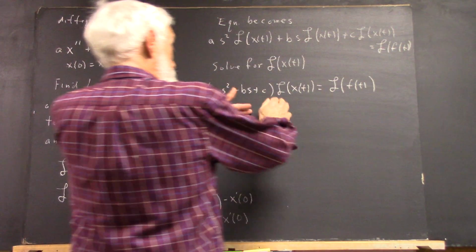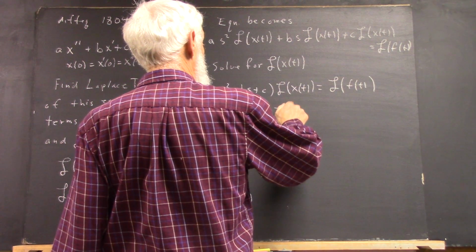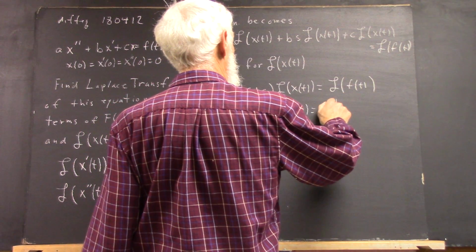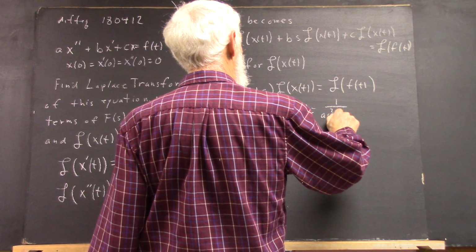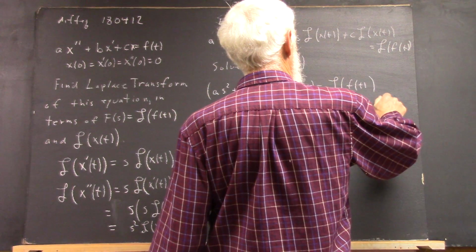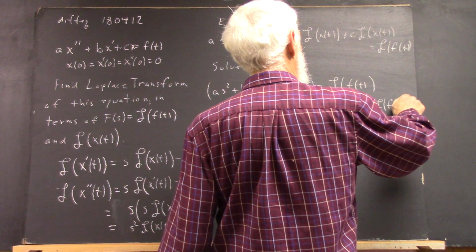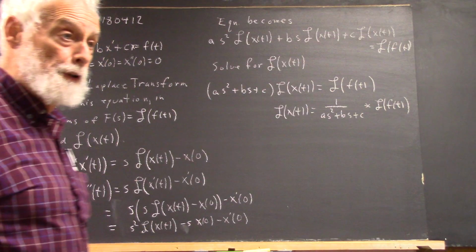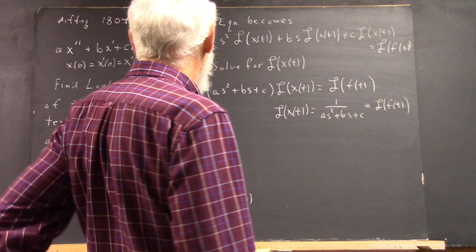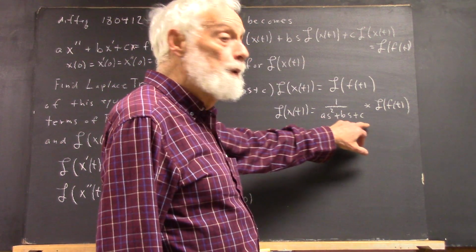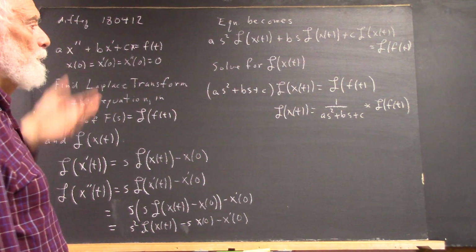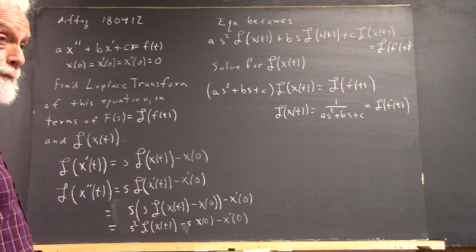So that Laplace transform of x of t equals this, right? Okay, so this means that if we know the values of A, B, and C here, we have, well, it's what's called a system transfer function, okay?